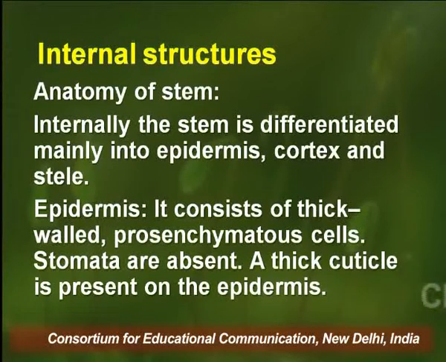The epidermis is thick-walled, prosenchymatous in nature and lacks stomata. On the outer side of the stem, a thick cuticle is present which helps in protecting the stem from desiccation and evaporation of water.